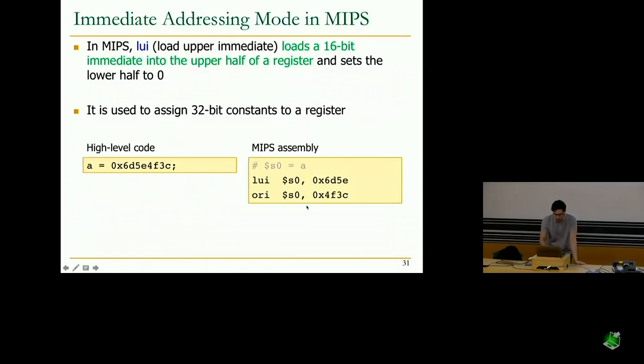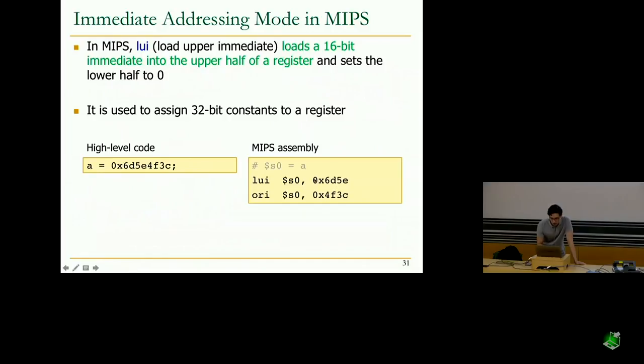So the way we are going to do this is like this. Observe that this is the 32-bit value that we want to store in our register. In this case, it is register S0. What we do is that the 16 most significant bits are here, the immediate operand of this LUI instruction.